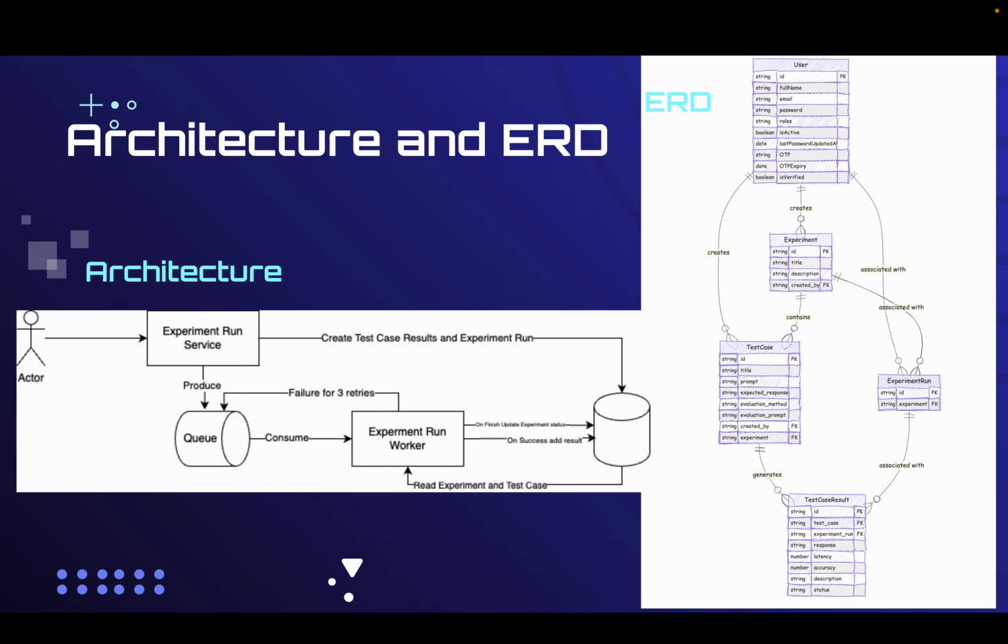Okay, so what's the architecture? The idea is we have a user, and under the user, users can create experiments, which are right here. And under experiments, users can create different test cases. An experiment has only a title and description, which could be like testing the function calling of Gemini. Then under each experiment, we have different tests.